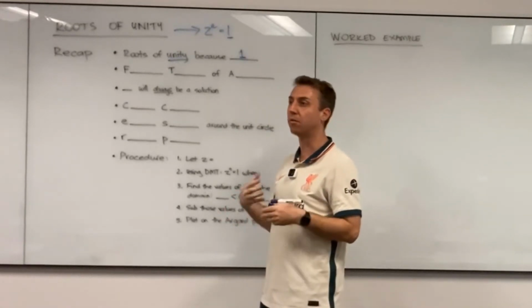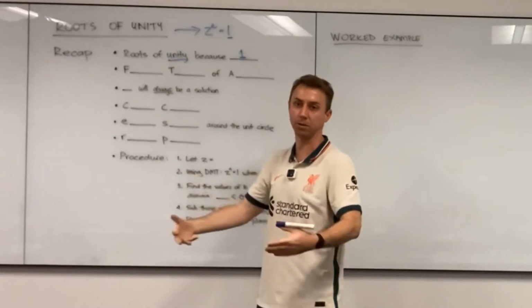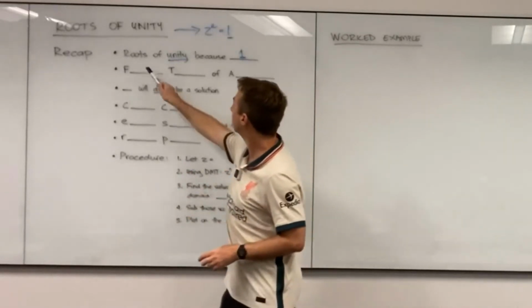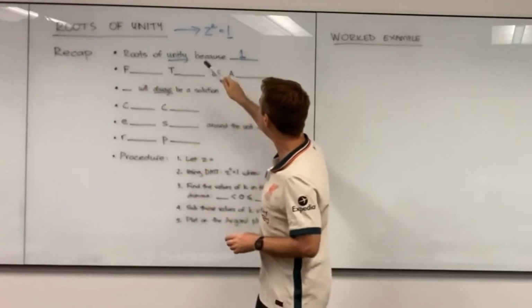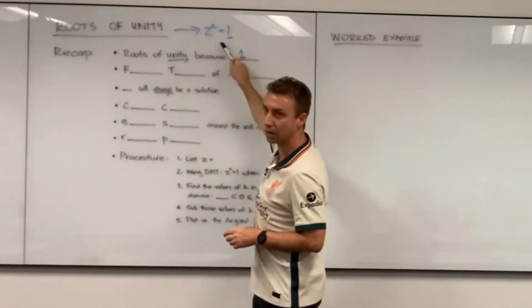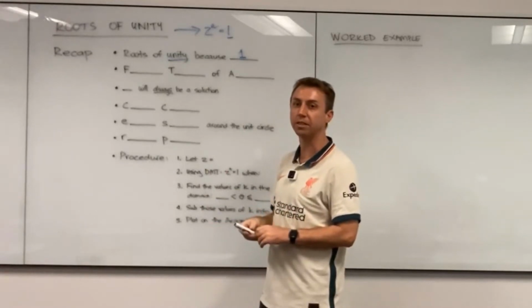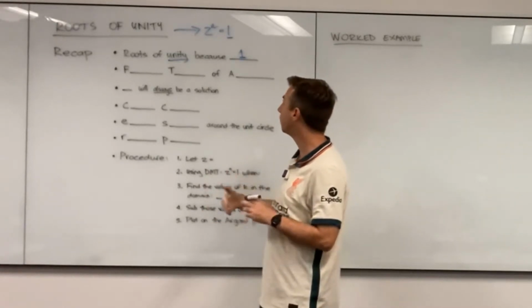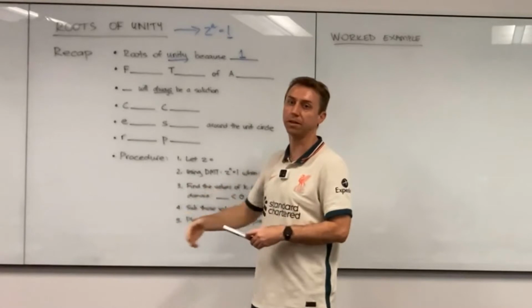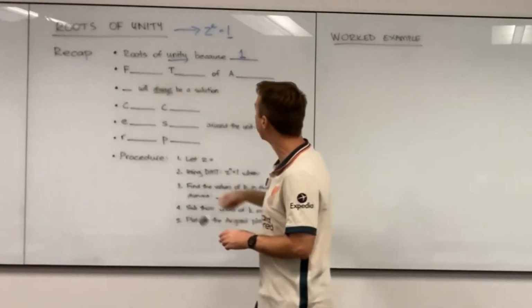It's the number that can represent a unit of something. So we call it roots of unity because generally we're trying to find the solutions to this equation. And as you may remember back when you were learning quadratics, sometimes we'd refer to those solutions as the roots of the quadratic. So that's where these words come from.